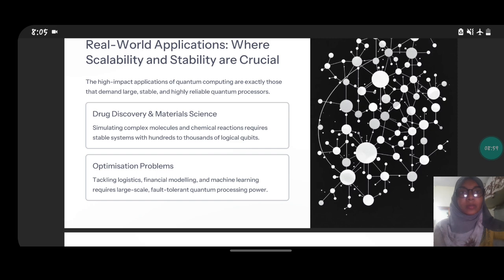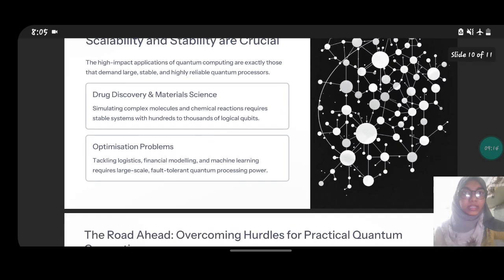Simulating complex molecules and chemical reactions requires stable systems with hundreds of thousands of logical qubits. Then optimization problems: tackling logistics, financial modeling and machine learning requires large scale fault tolerant quantum processing power.